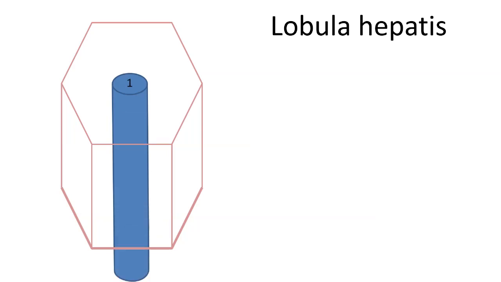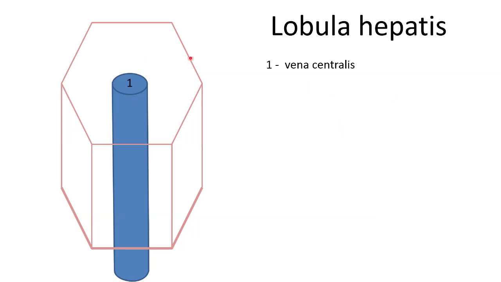Let us try to draw the hepatic lobule together. As I already said, the lobule is arranged around this number 1 vessel, which is localized in the center of it, so that's why it's the vena centralis.